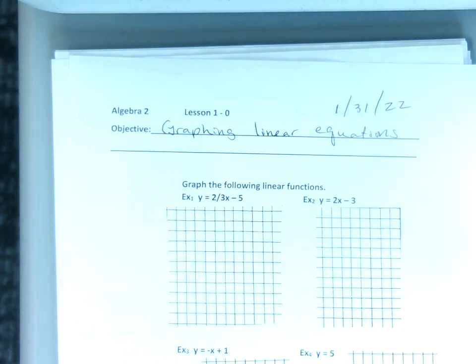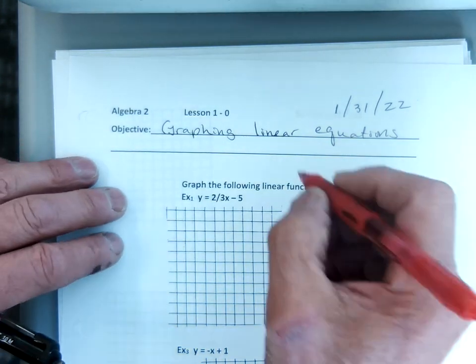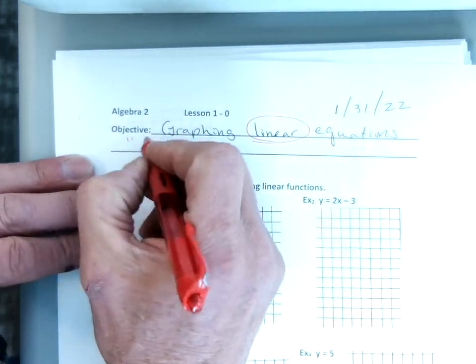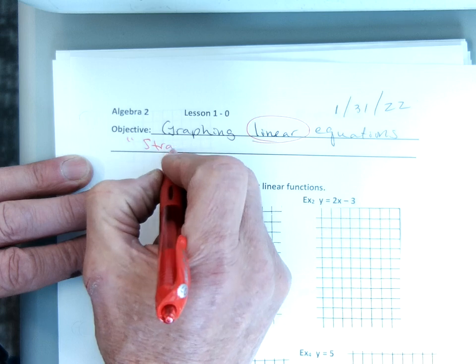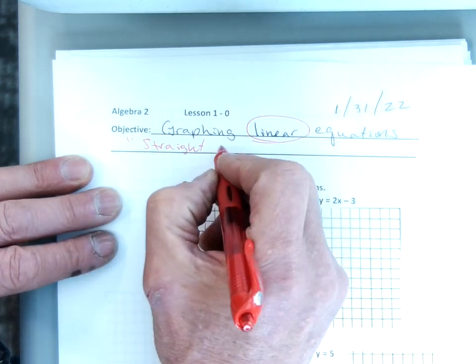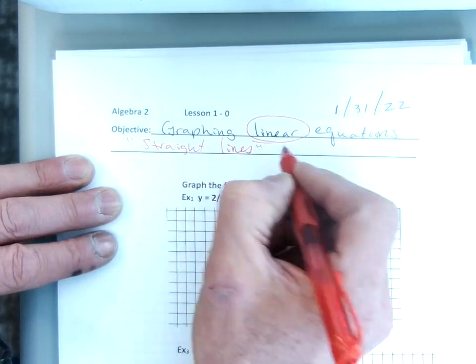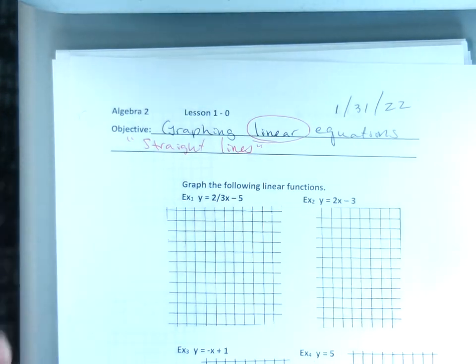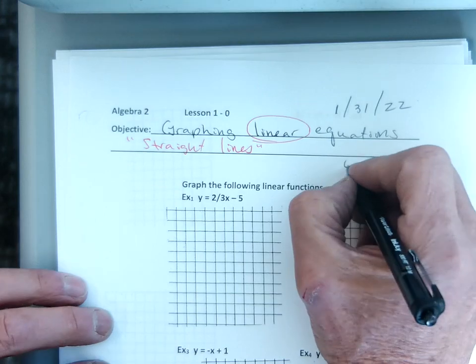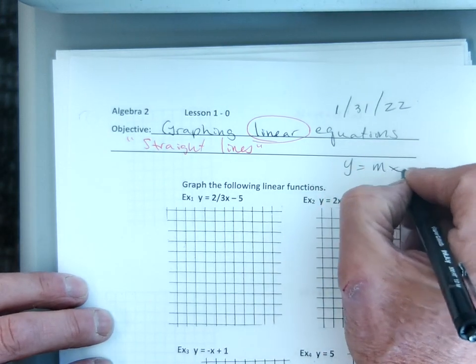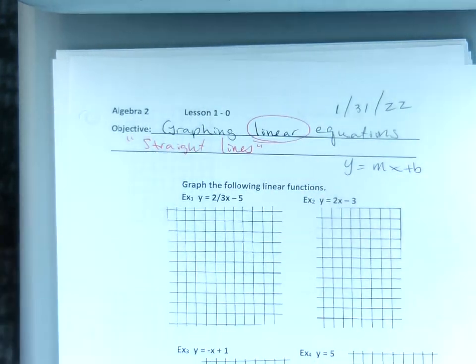The word linear, when you see the word linear, it specifically means straight lines. I know you've heard of y equals mx plus b, and if it's been a long time, my guess is you've probably heard of it somewhere, right?